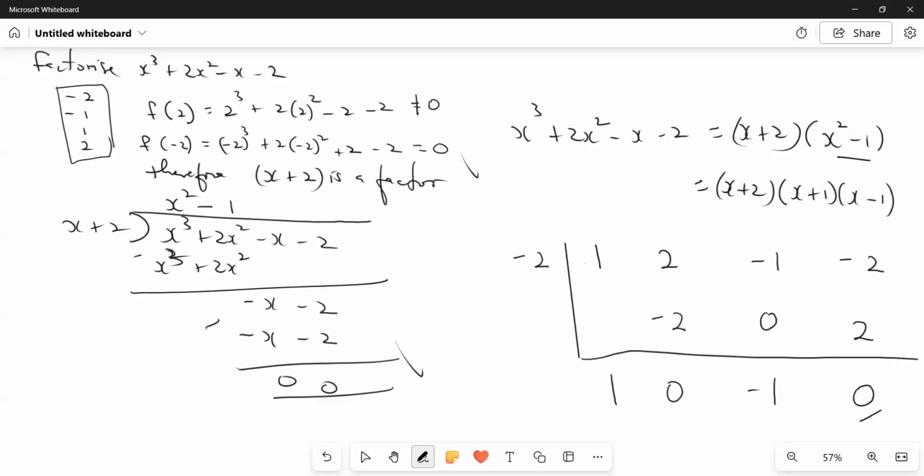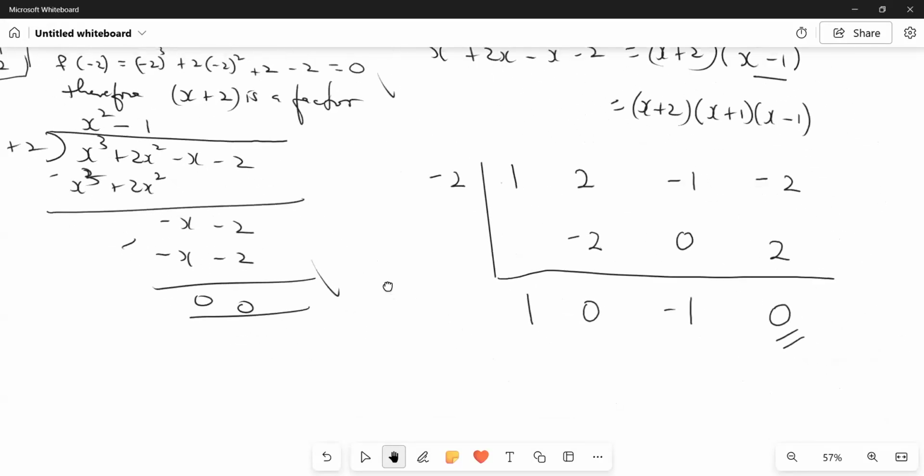The fact that you now get 0 at the end there tells you that you have a factor, that x plus 2 is a factor. So what are we going to do with all these numbers now? What is all of this?